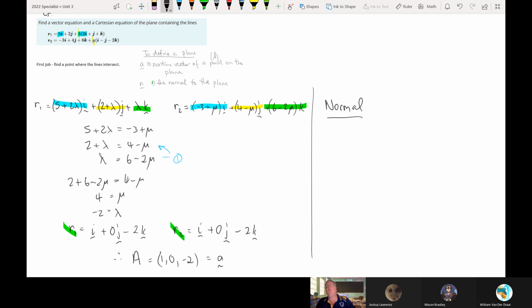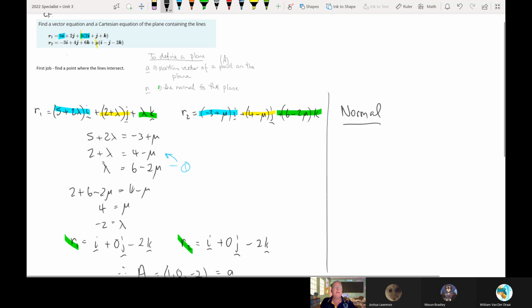So how do we typically find the normal? We use a cross product. Okay. So I have two lines on the plane. So I've got two bits of information that if I find the cross product of those, I'll end up with a normal.